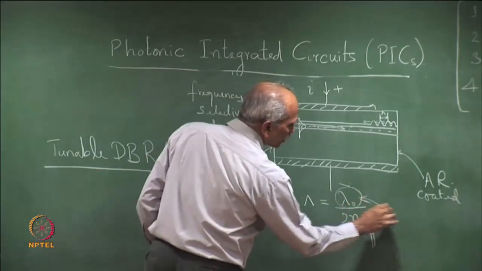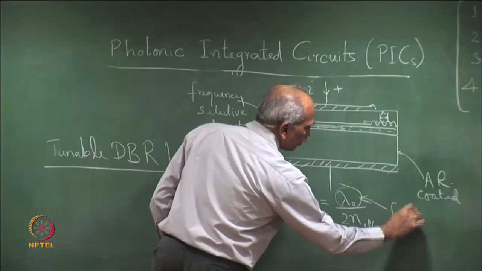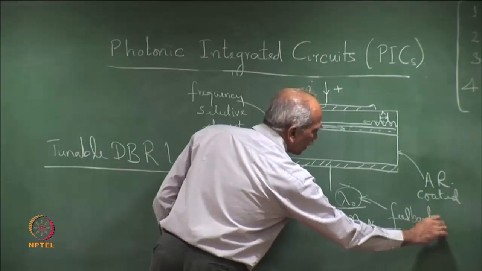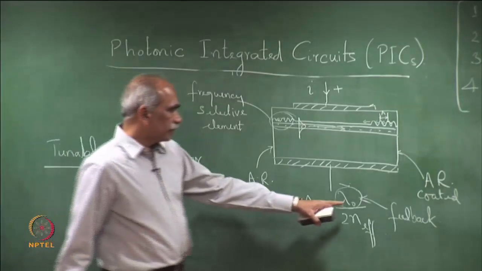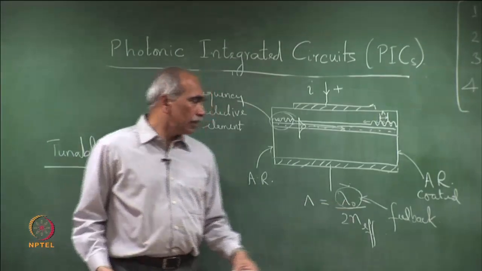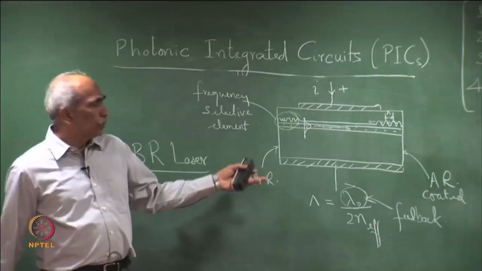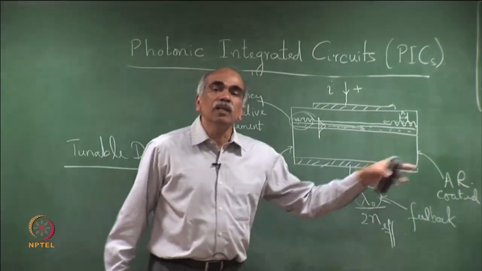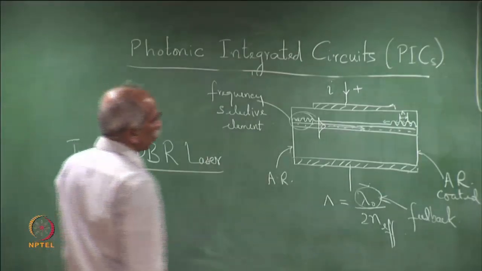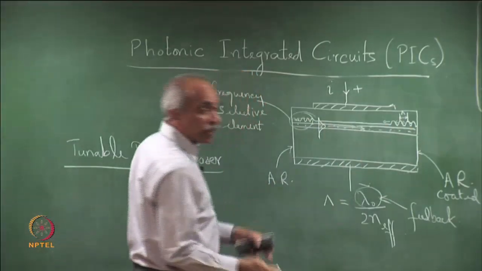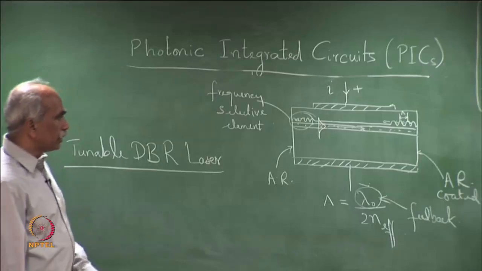So, feedback comes at this wavelength, which means feedback that is so essential for laser oscillation comes only at this wavelength, thereby leading to realization of a single frequency laser, or a laser oscillating at one frequency. One frequency we refer to as one longitudinal mode.